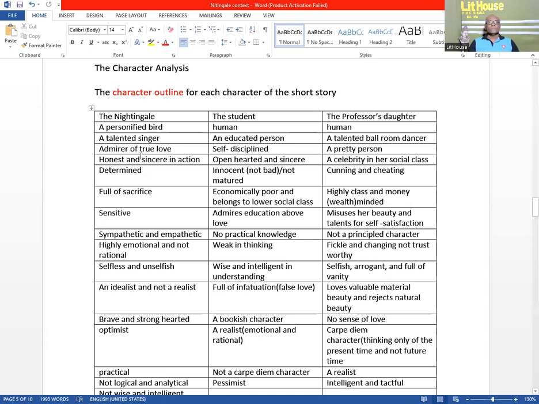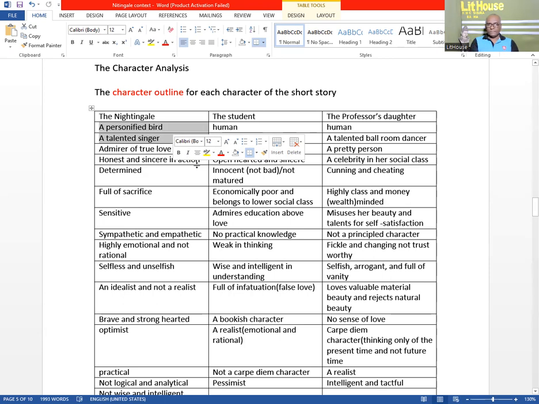Now look at the character outline. Now we discussed these two qualities: personified bird, talented singer.